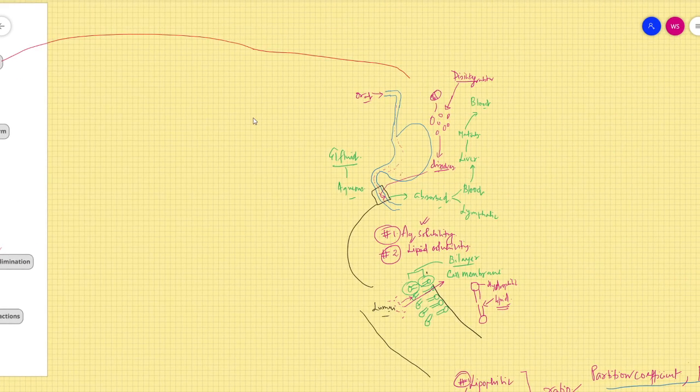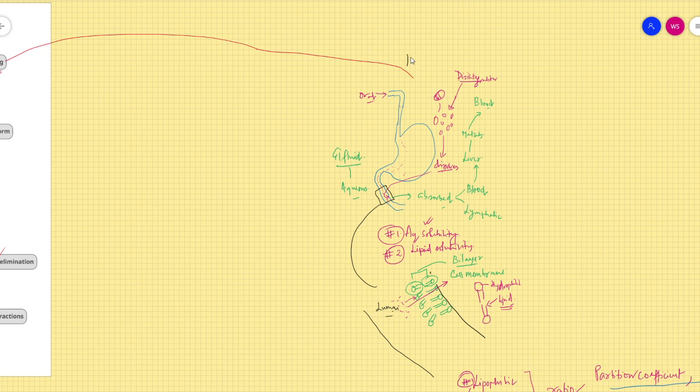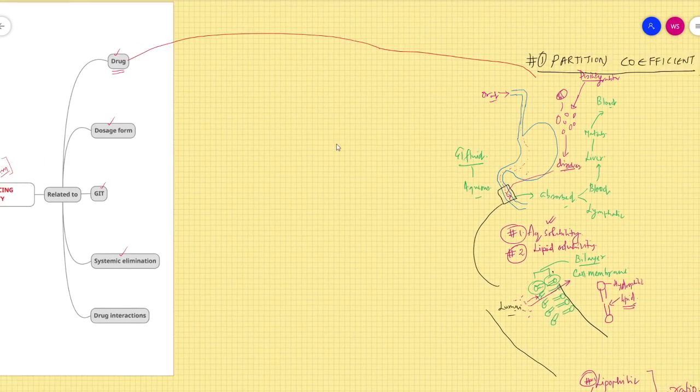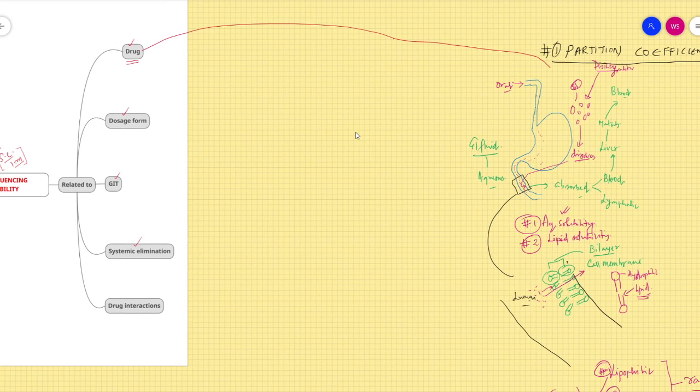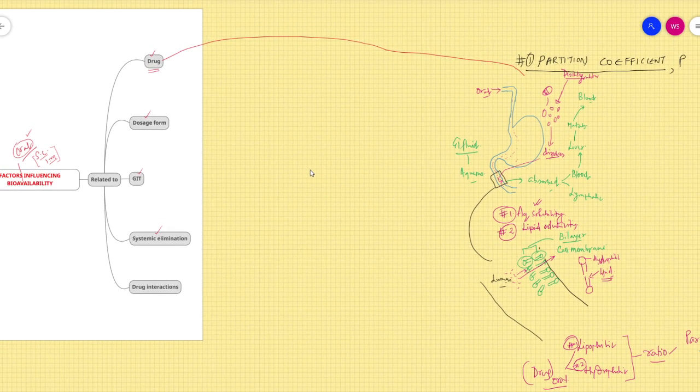The first factor that we considered is number 1, let's write, and it is partition coefficient. Okay, and it's P. Okay, so the first drug factor that influences its bioavailability is partition coefficient.